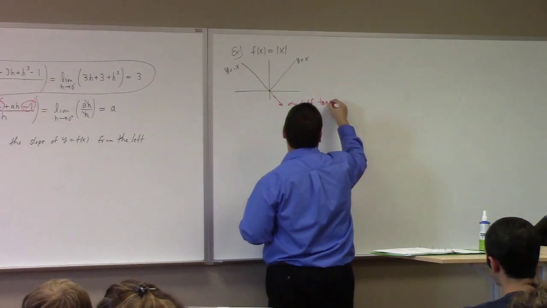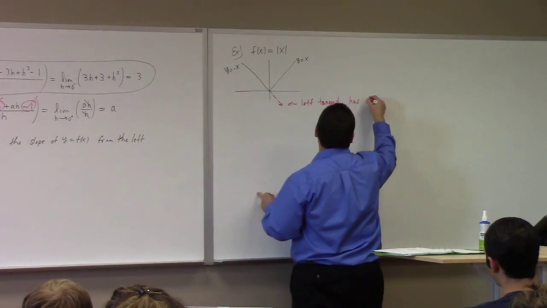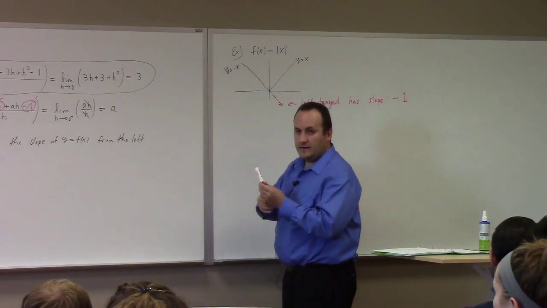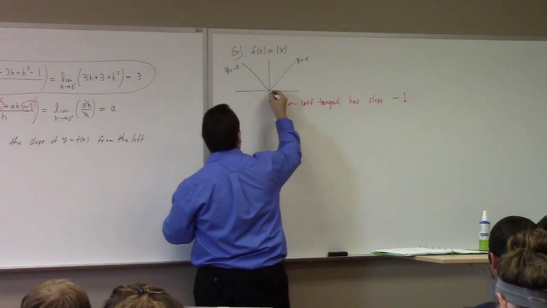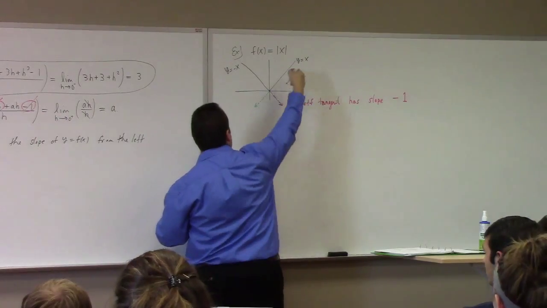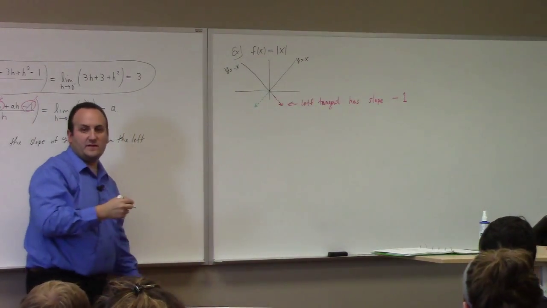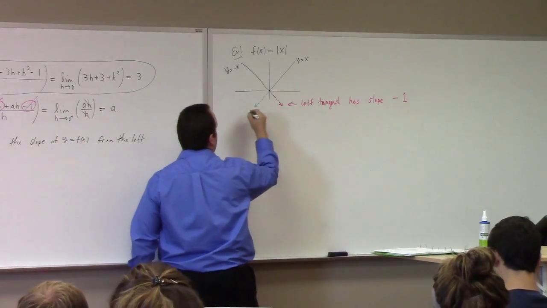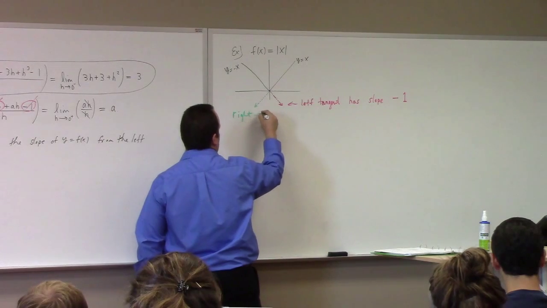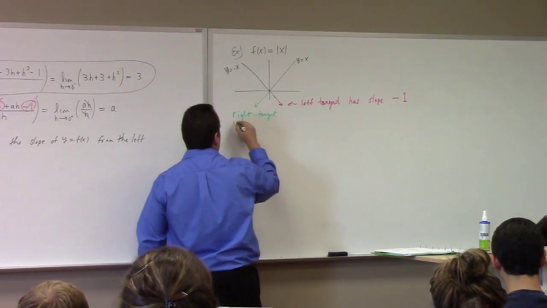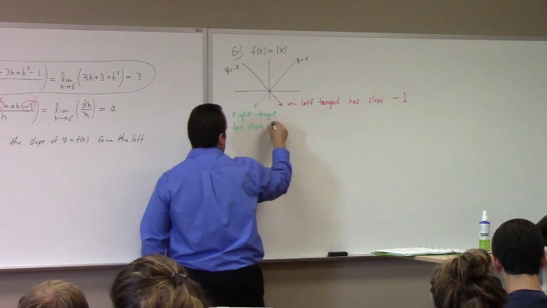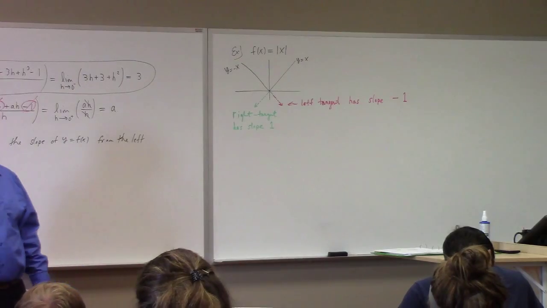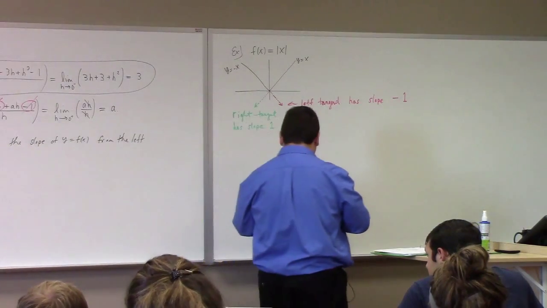Left tangent has slope what? Minus 1. On the other hand, the right tangent, coming from the right, extending the right behavior of the function, it has slope 1, right? Because it's the extension of this line of slope 1. As you can see, those don't match, and that is why f prime of 0 does not exist.